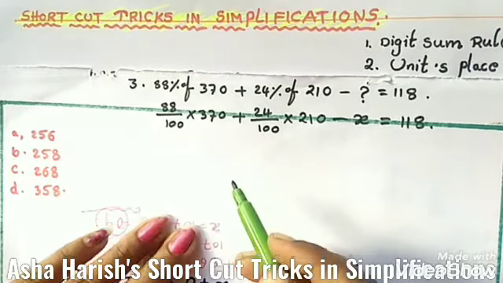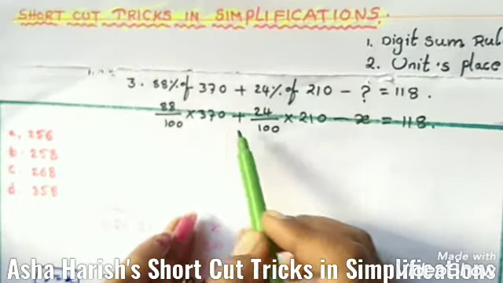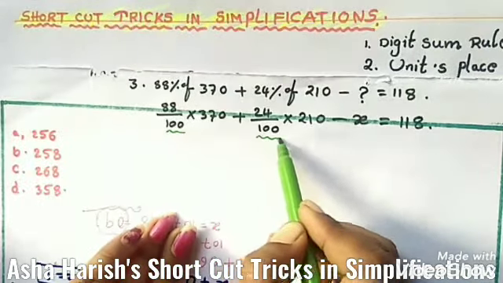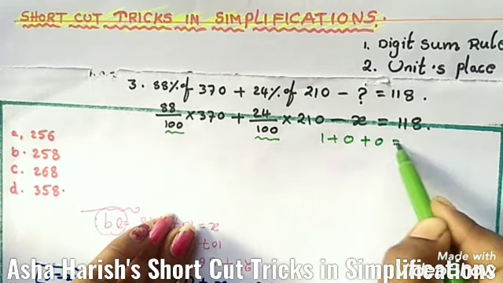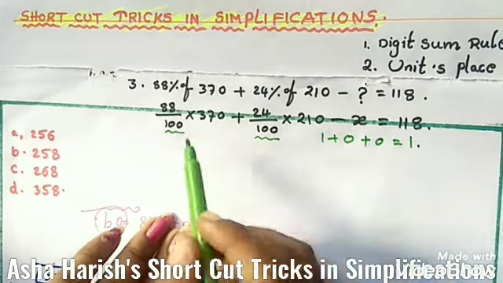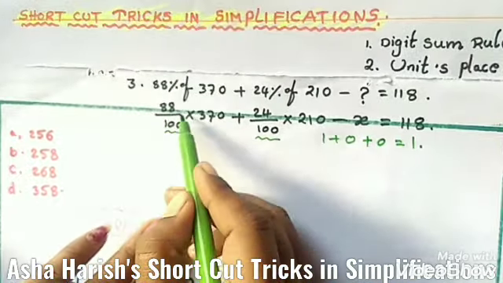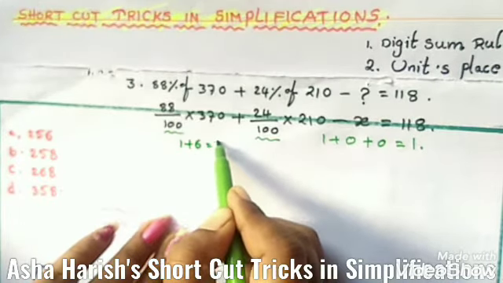I have written them here. Now coming to this question, first of all, based upon the digit sum rule, we have to do this for the denominators. Here 100 is there, so 1 plus 0 plus 0 is equal to 1. Now this digit sum rule we have to apply to these numbers also. Here 8 plus 8, that is 16. 16 means 1 plus 6 is 7.